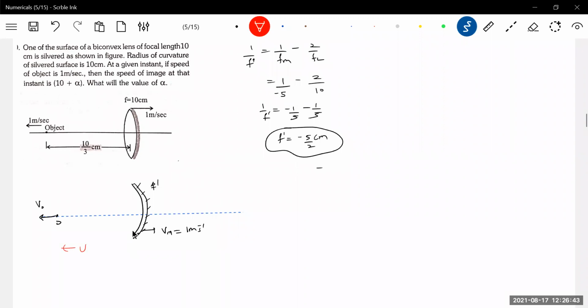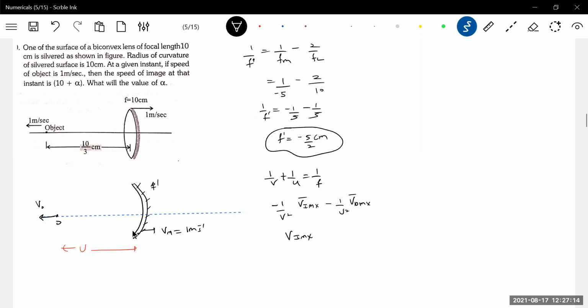If the object distance is u, what are the basic formulas? 1 by v plus 1 by u equals 1 by f. So differentiate this. The derivative will be minus 1 by v squared dv by dt, which is Vimx, minus 1 by u squared times the velocity of object with respect to mirror along x-axis.